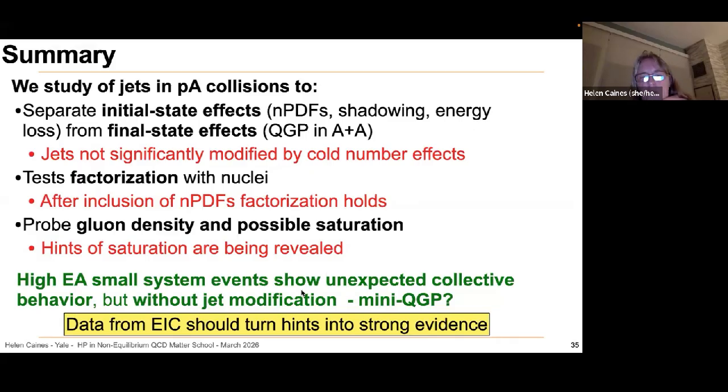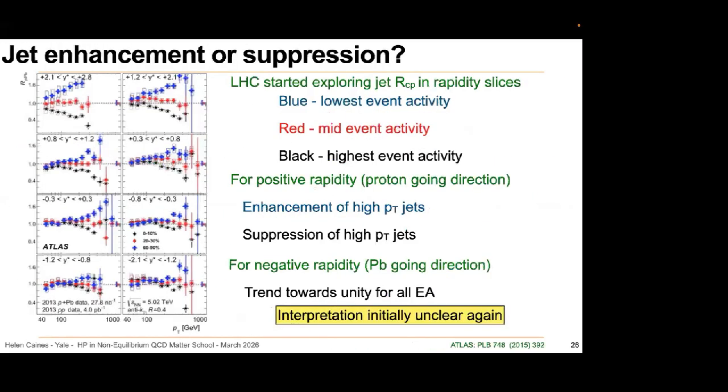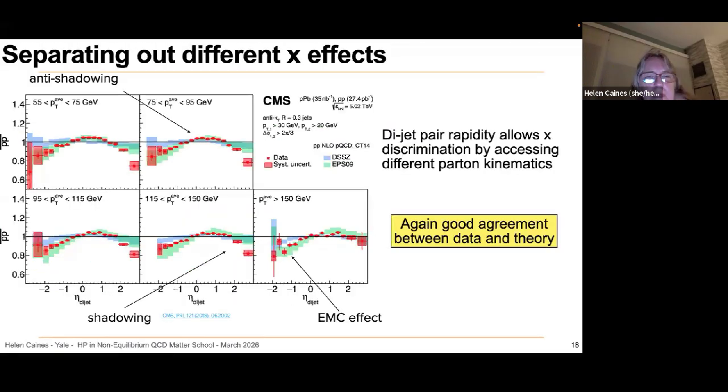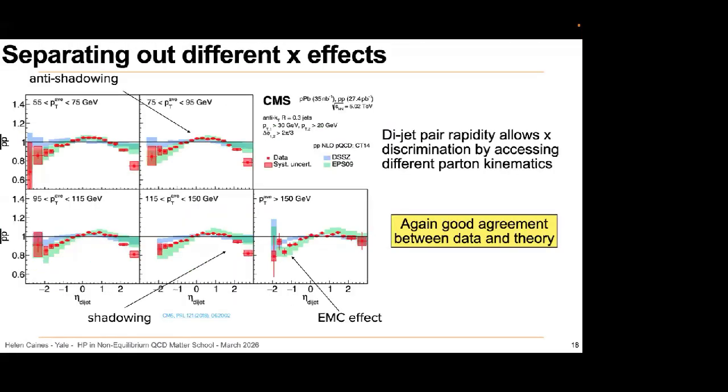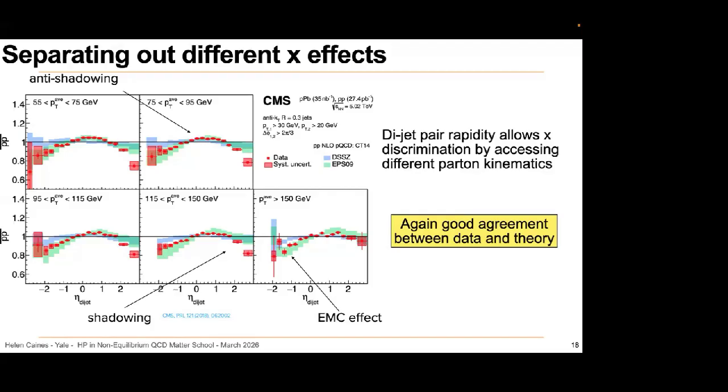When you calculate the cold nuclear matter effects only, have you considered the initial state, I mean the parton energy loss in this effect, or are you only taking the modifications?